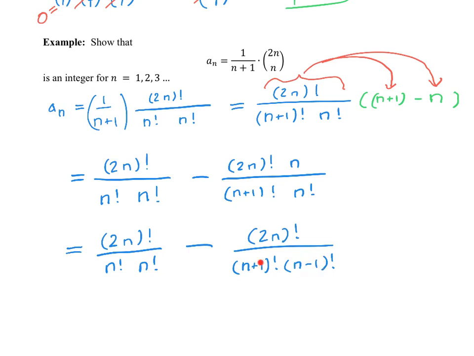If you add those two numbers together, you get exactly what's in the factorial on the top, which is 2n. n plus 1 plus n minus 1 is 2n. So the two combinations that are here are 2n choose n, minus 2n choose n plus 1. Because this is an integer and this is an integer, and we're taking the difference of those two integers, we have an integer in the end.